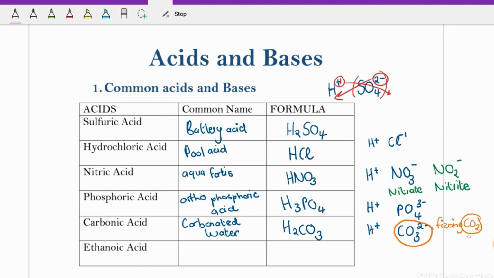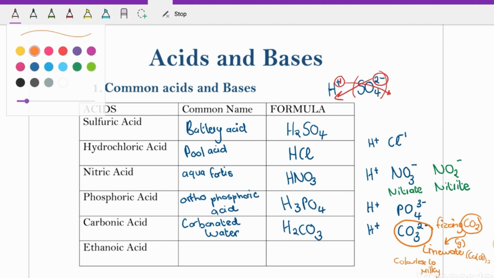So what you can then do is take the carbon dioxide gas and bubble it through lime water. The lime water is basically calcium hydroxide, and the lime water will then change from colorless to milky.